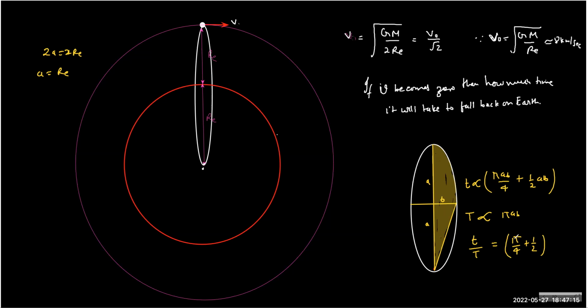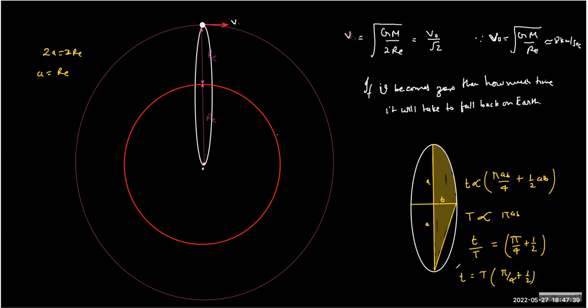That's it. So time is T into pi by 4 plus 0.5.